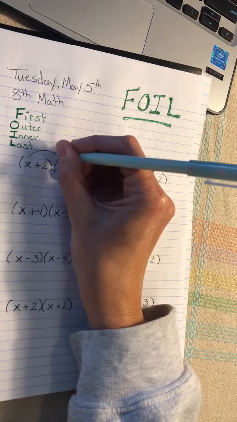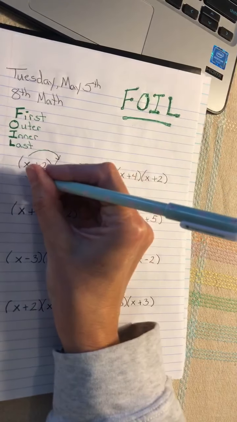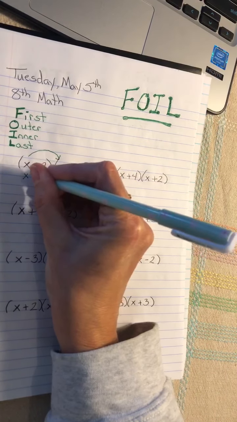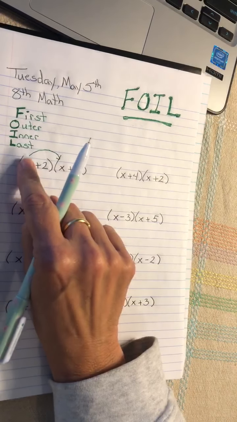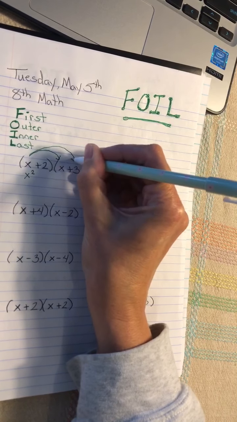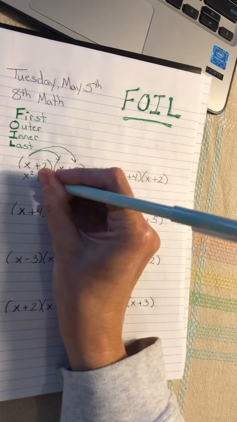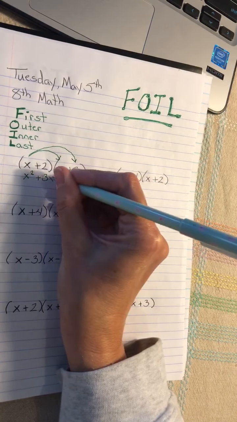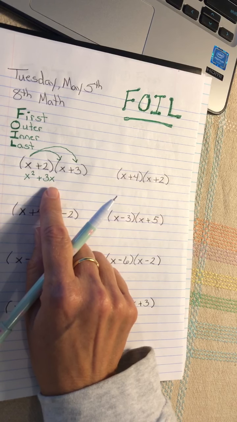So I'm going to do x times x, which would be x squared. Then I'm going to take the first term times the outer term. X times 3 is 3x. The coefficient always goes in front of the variable.